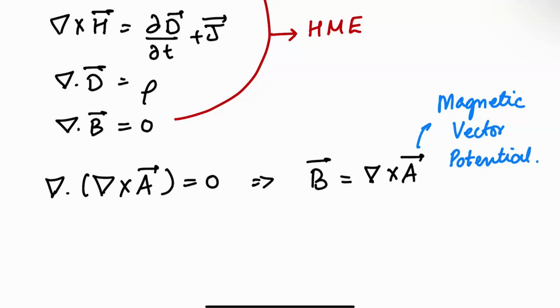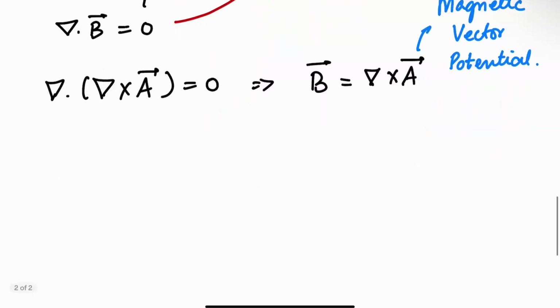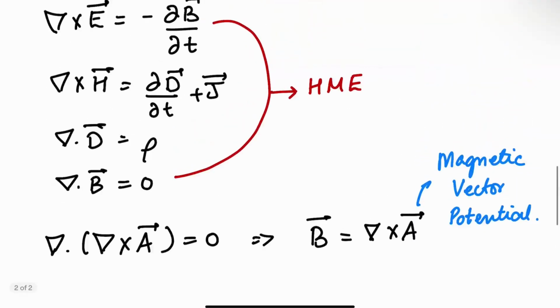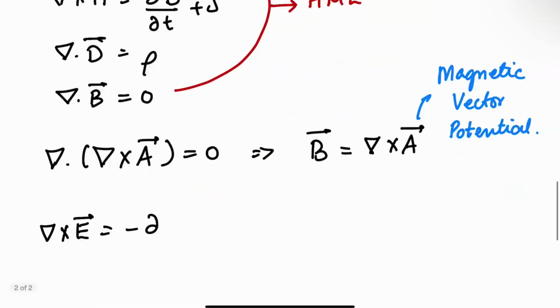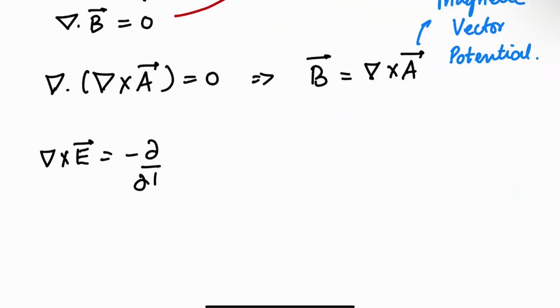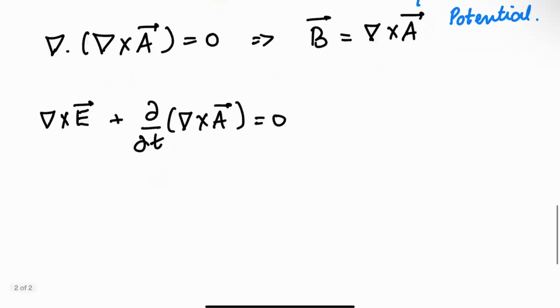Okay, and then we can substitute this B into Faraday's law, and that gives us curl of E equal to, did I have a minus there? Yeah, minus d dt, the curl of A, right? And I can pull this curl to this side. I can put a plus sign here. See, this is equal to 0.